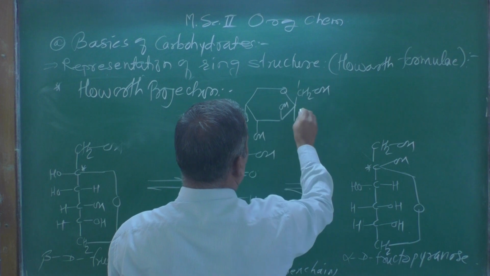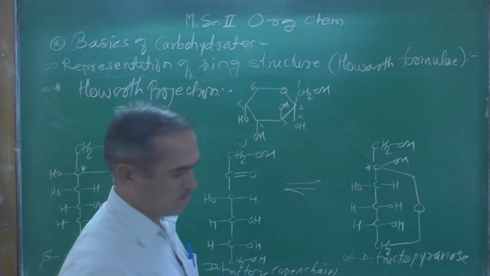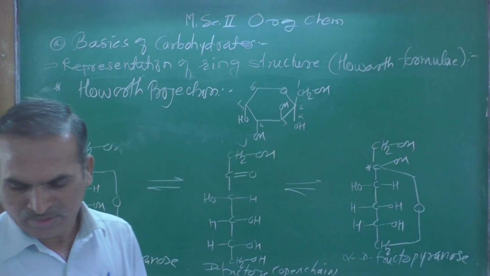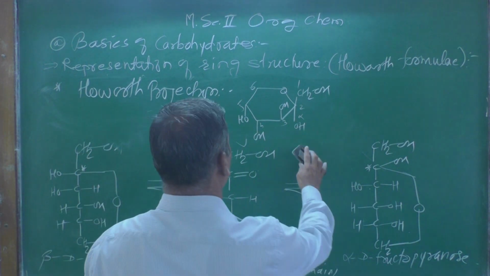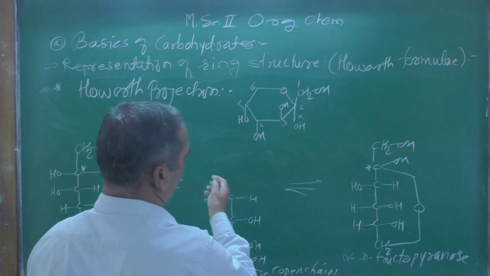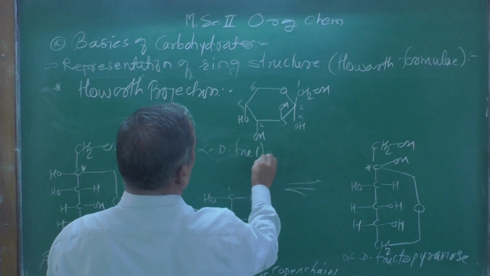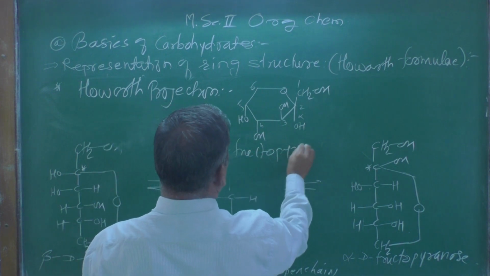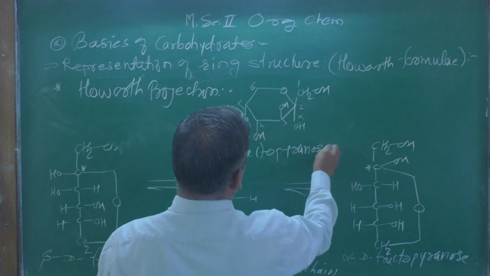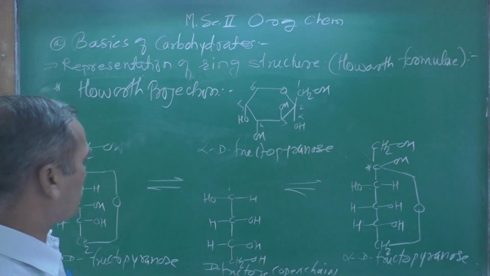Suppose you start from 1, 2, 3, 4, 5 and 6. This is the structure of alpha D fructopyranose, according to the Fischer projection formula.